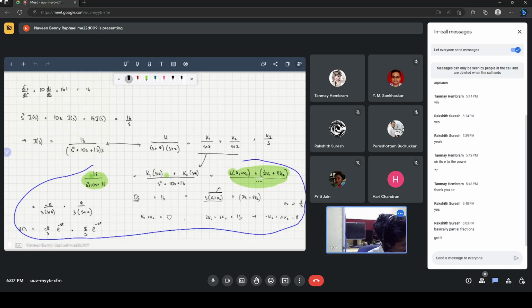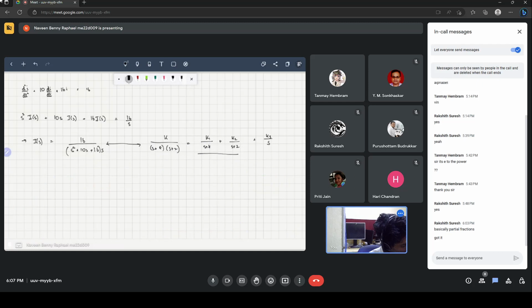On simplifying this, on rewriting this, we get k1 into (s plus 2) into (s plus 8), plus k2 into (s plus 8) into s, plus k3 into (s plus 8) into (s plus 2), is equal to 16.